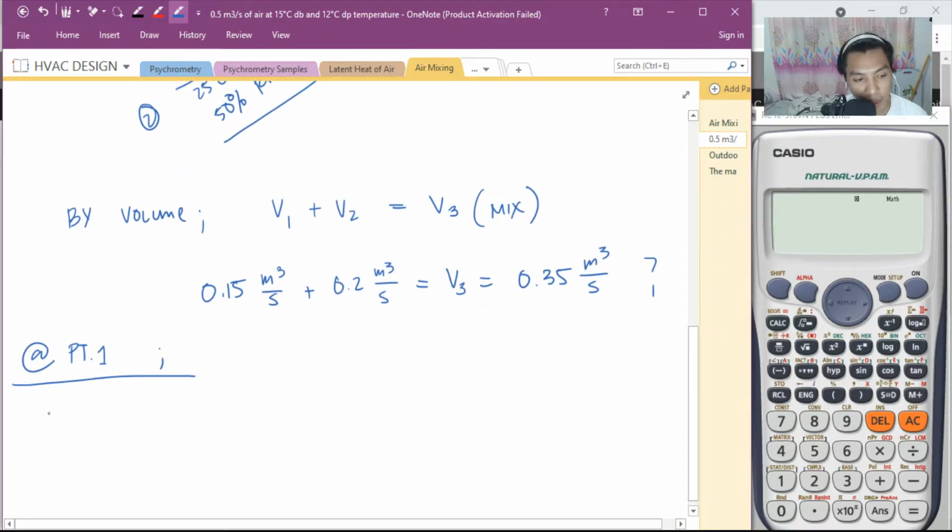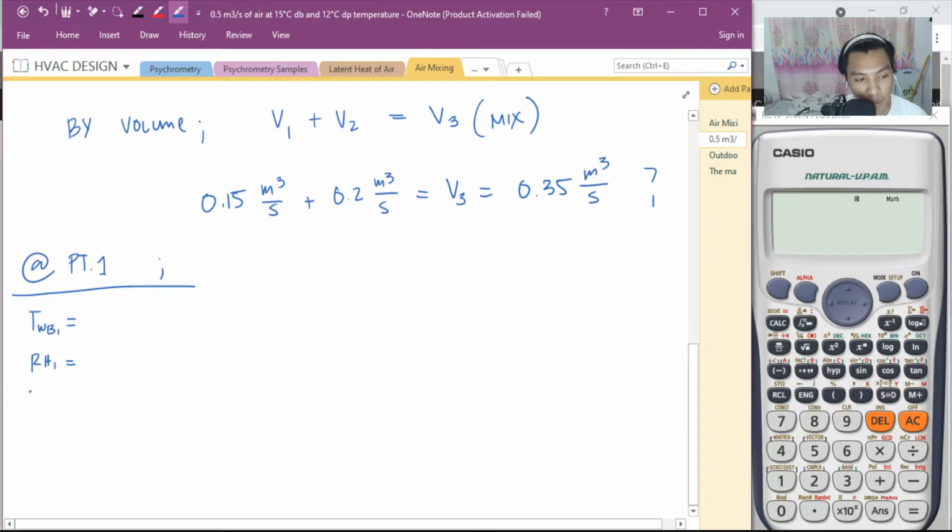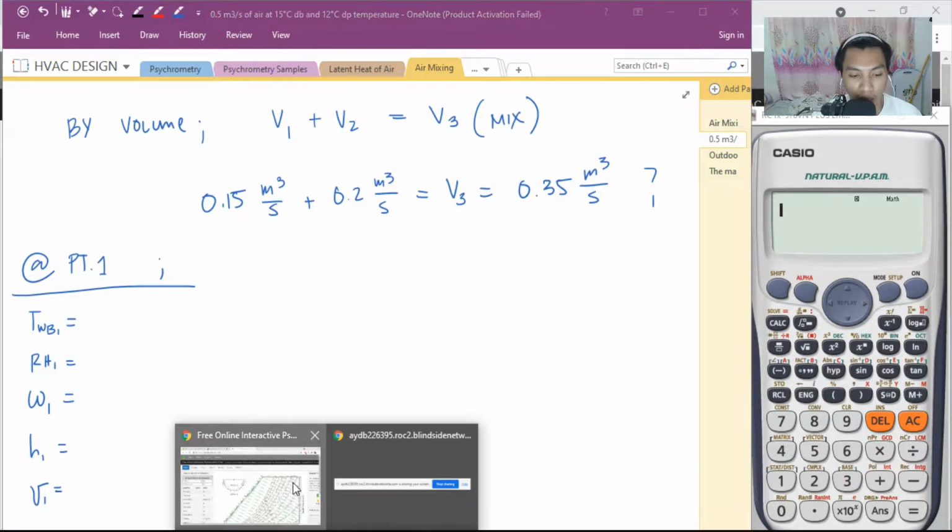Di ba psychrometric kapag may dew point, RH, temperature na wet bulb, RH1, tapos omega 1, enthalpy ni 1, tapos specific volume ni 1. Okay, let us find them using our app.